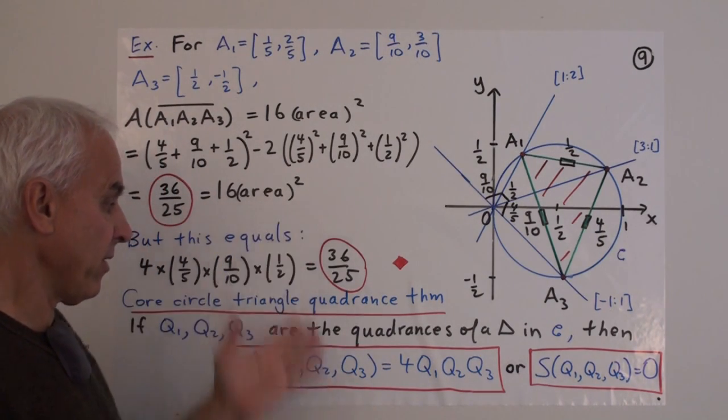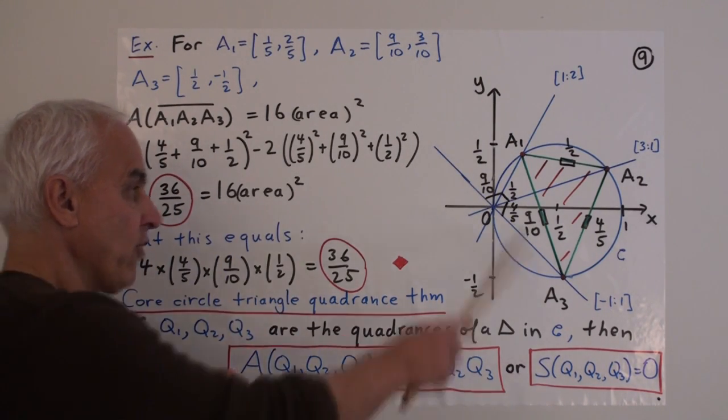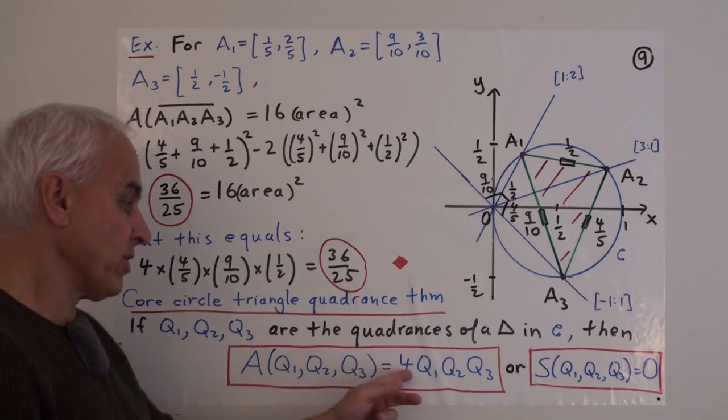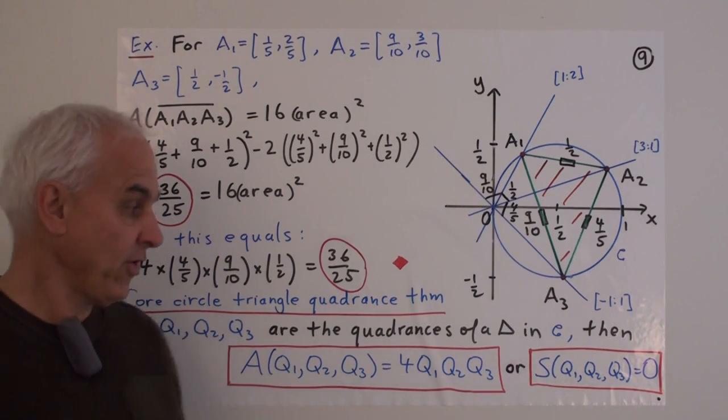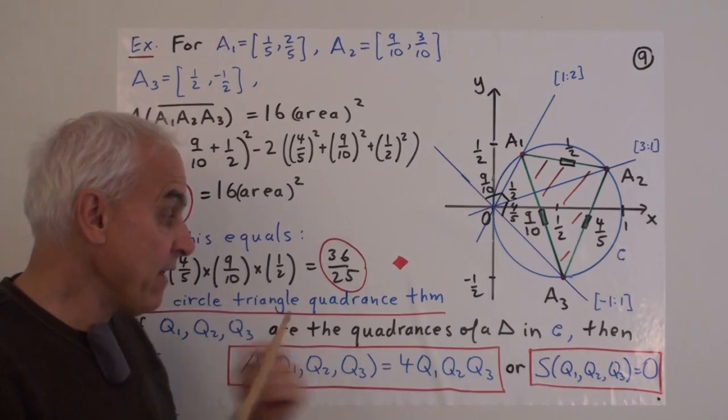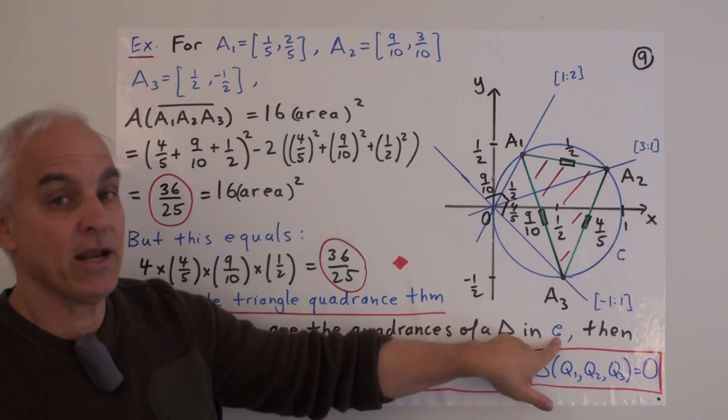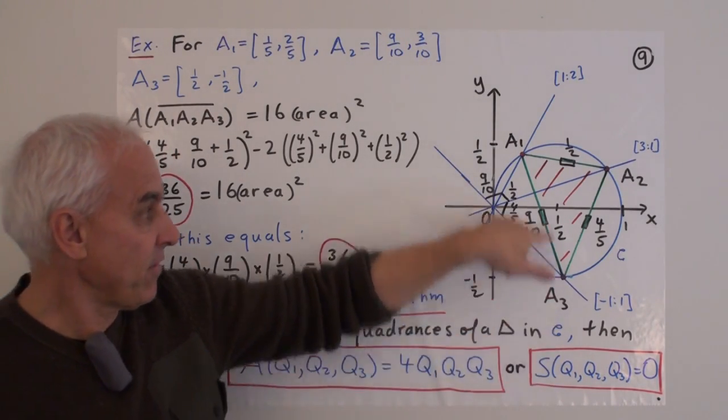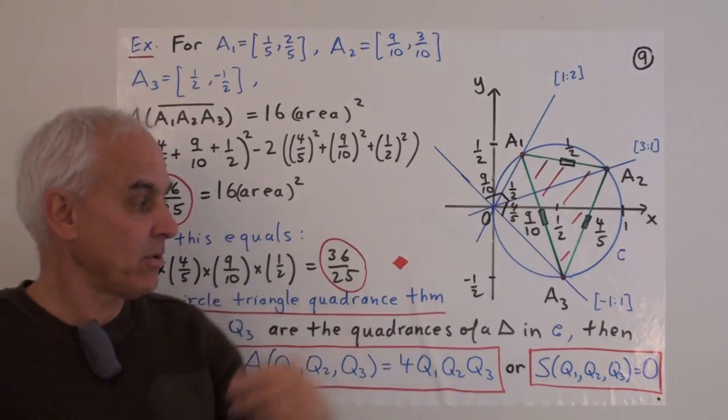Exactly the situation that we have here. This is the quadrea of the triangle, and this is 4 times the product of the quadrances. These are going to be equal if our triangle is inscribed in the core circle, the actual points lying on the core circle.